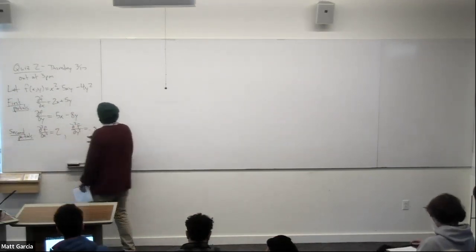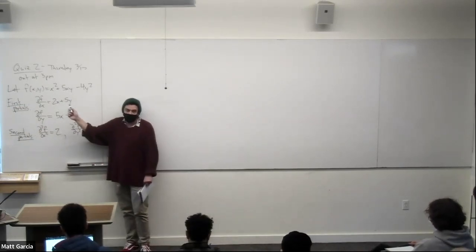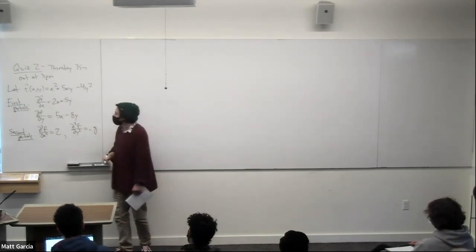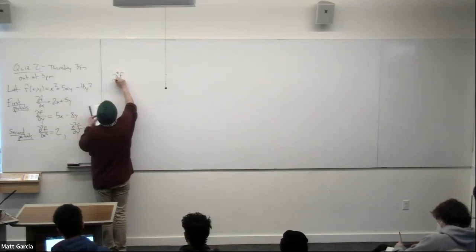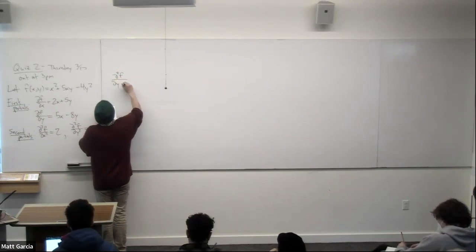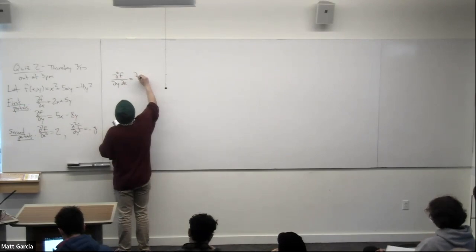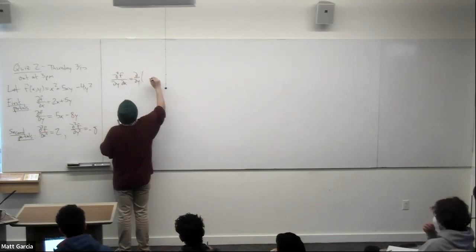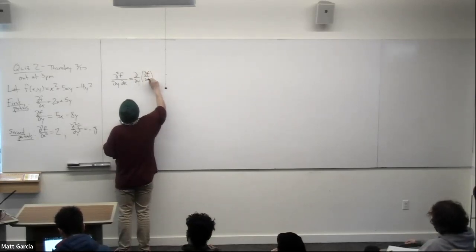But there's more we can do here, right? I may also differentiate partial f partial x with respect to y, right? So partial squared f over partial y partial x, or to help remind you what order we do the differentiation in, we think of it like this, right?